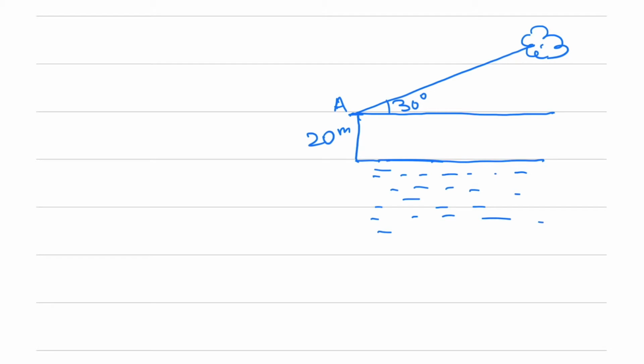The angle of depression of the reflection. Okay, reflection will be of the equal height, right? So I can take my cloud here. This is the reflection. So this angle is 60 degrees.